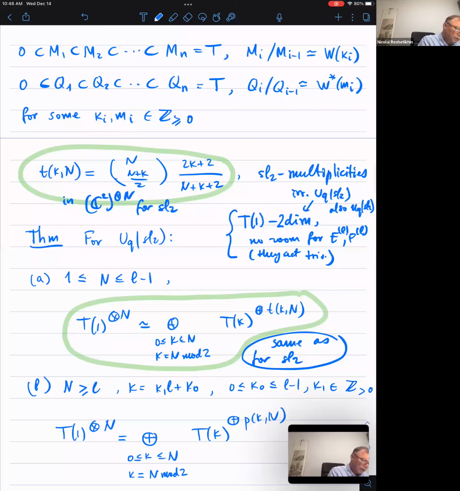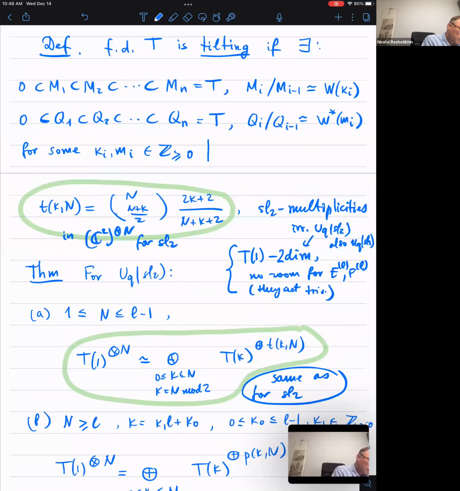I'm sorry, I forgot to give a definition of tilting modules. Instead of the definition, I'll just say that tilting modules are parameterized, for large quantized SL2, again by integers. Again, we will count them modulo L. It's very convenient.